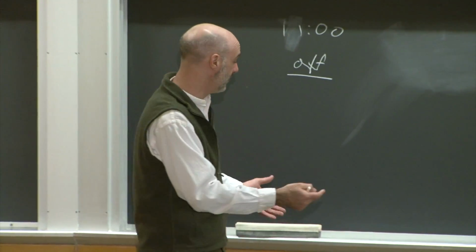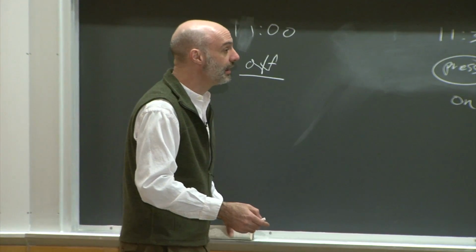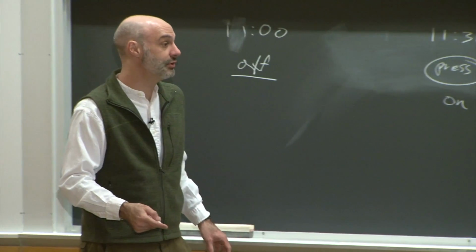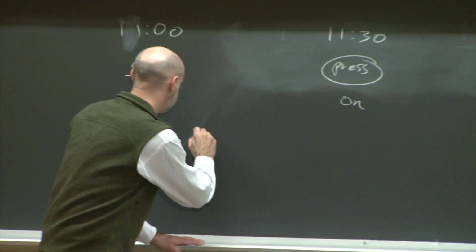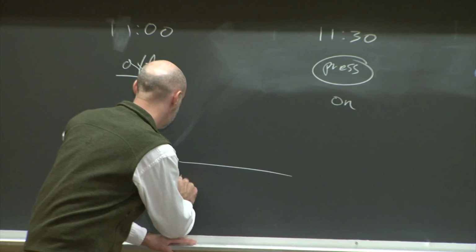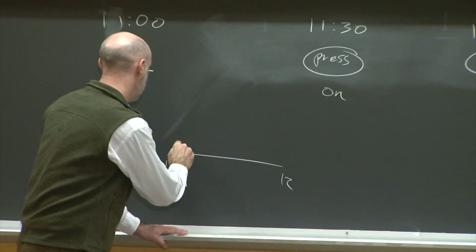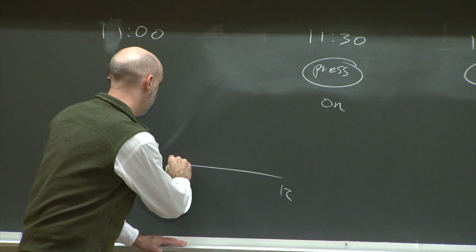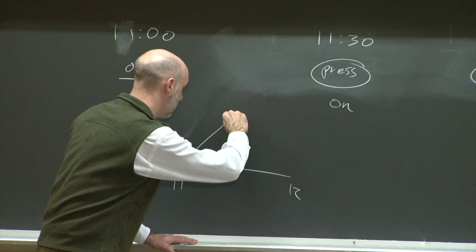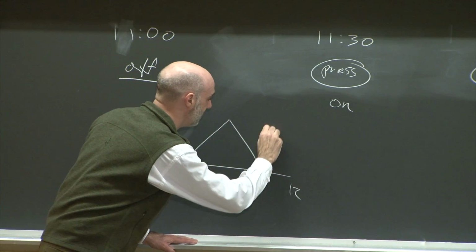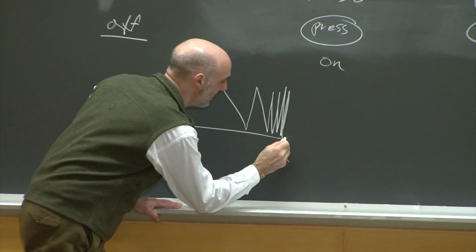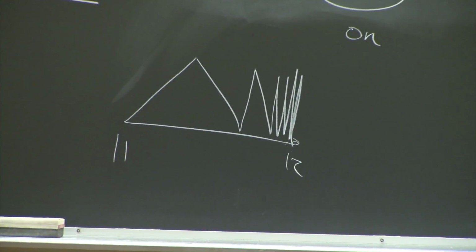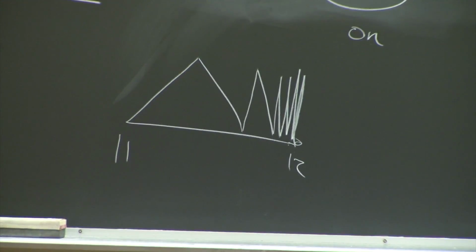In fact, you can think of it as a function which has a discontinuity point. So you have 11, noon, and you go from off to on, to off, to on, to off, to on. And then the function just tells you nothing about what happens at noon.